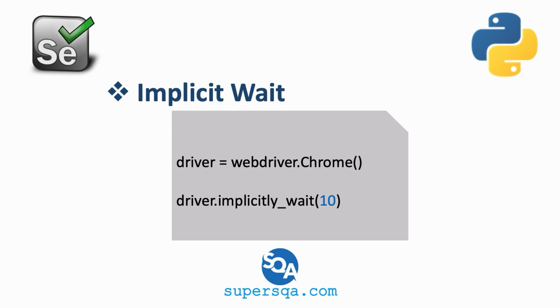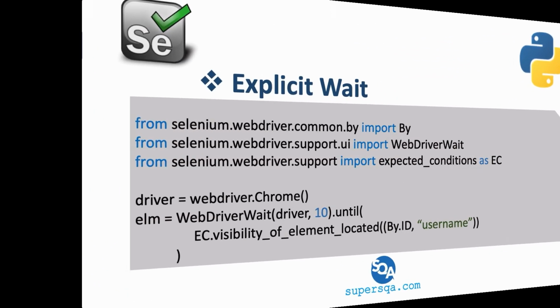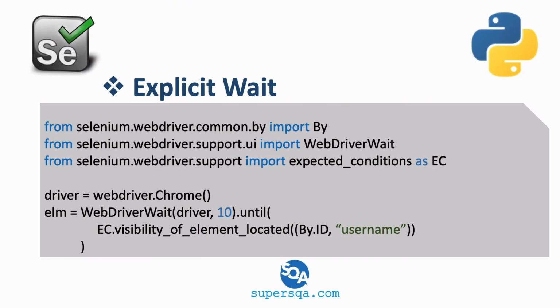And this is common, it's easy to use, so we're going to use it for the examples. The other one is explicit wait, and explicit wait is a little bit more involved, and this is how you do it. This expected conditions is a class that comes with Selenium, and there's a lot of options. So you want to go and check out what those options are. Now we're not going to use them here because it would just take time to explain, but in our framework we actually use explicit waits.